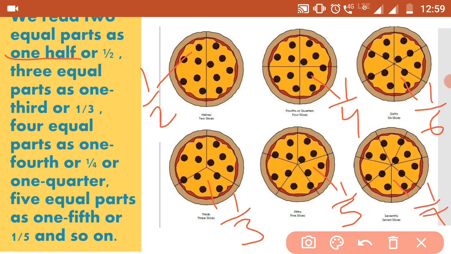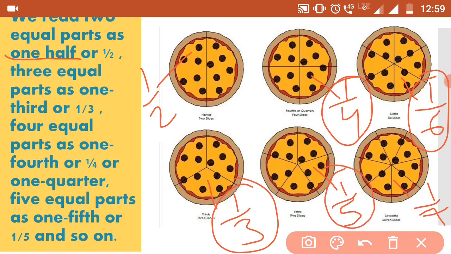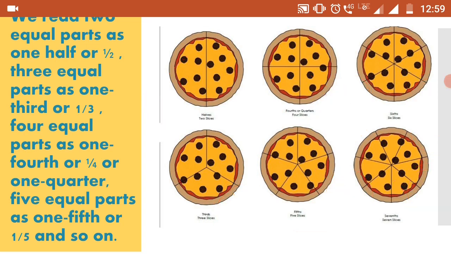And you can read this as 1/4, for fourth we also use quarter. This we can read 1/6, this 1/3, this 1/5, and this 1/7, and so on. Okay, now let's move forward.